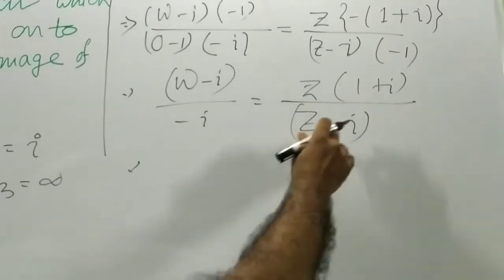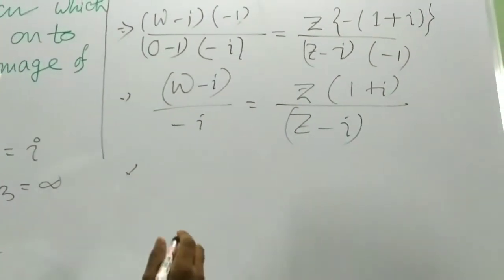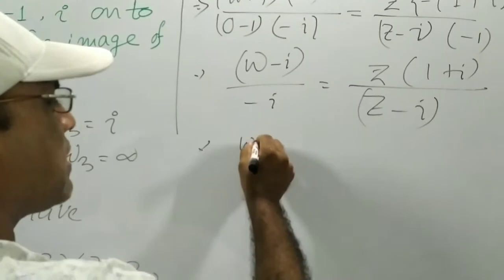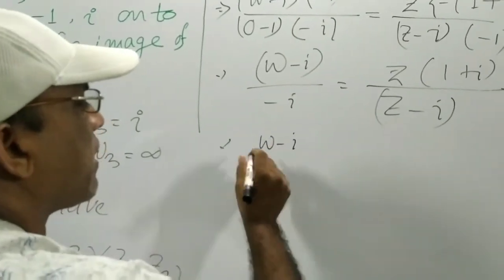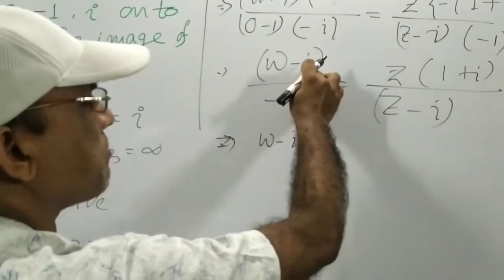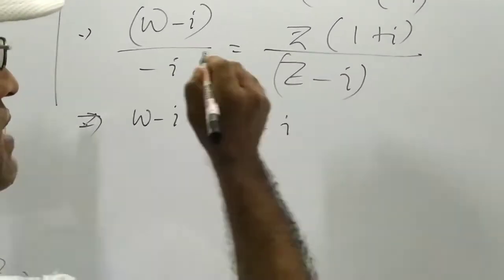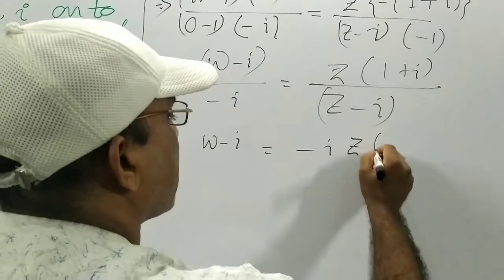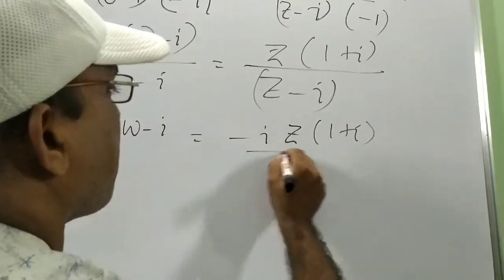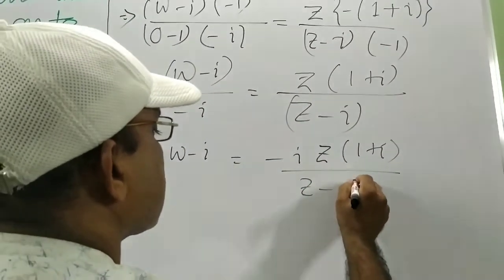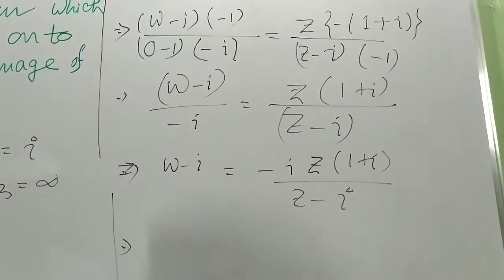Now after calculation we get w minus i remains the same, and multiplying this i to this side, -i z(1 + i) by (z - i), we get this one.